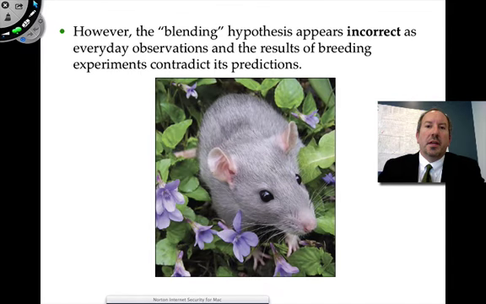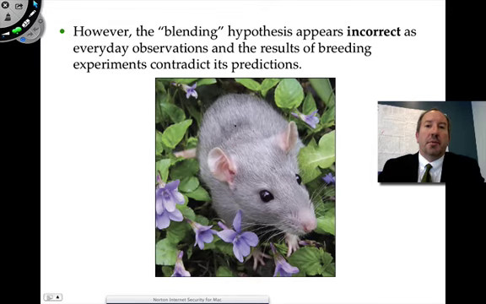There are all kinds of examples that will come up in this discussion and in future ones that show blending isn't exactly the way it works. I mean, you could have black mice producing only black mice. You can have black mice producing black mice and white mice, and then you could have instances of gray, and you would think, well, once you have gray, that's it.